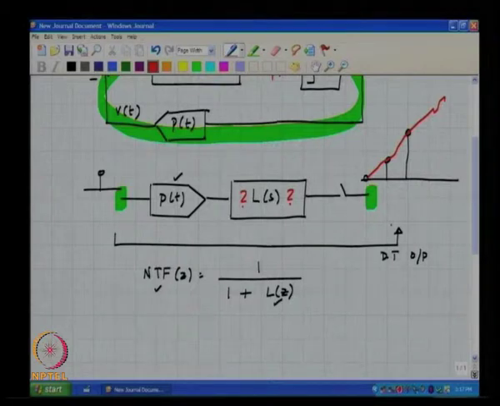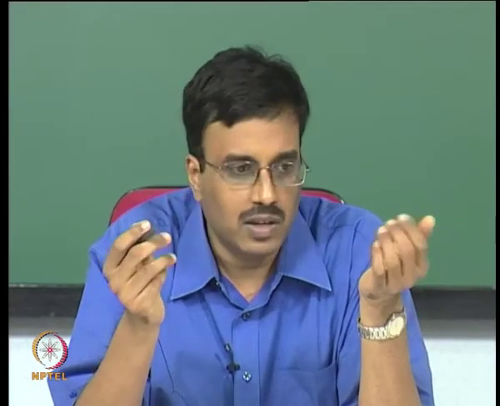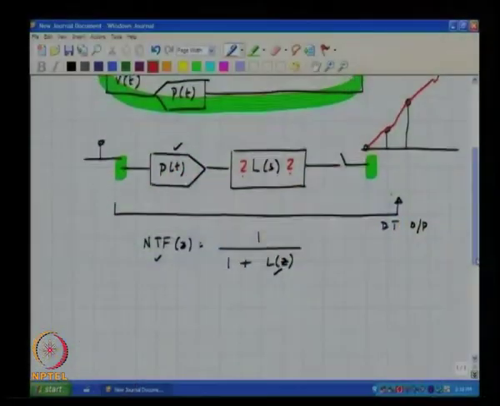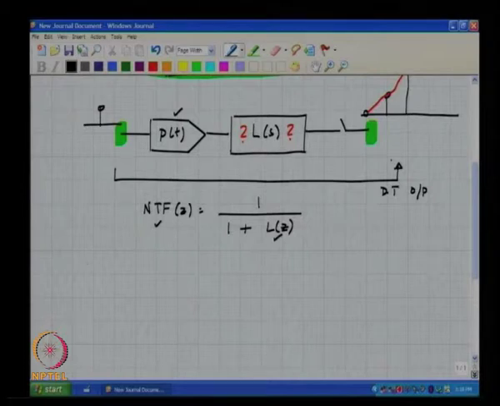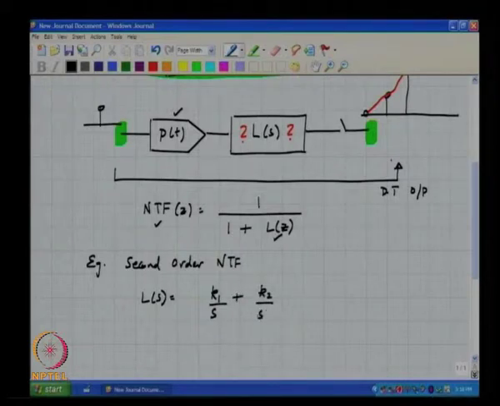For the second order example, we said we are going to use a cascade of 2 integrators, and in general if you have a cascade of 2 integrators, the loop filter transfer function is of the form K1 by S plus K2 by S square, and we know the pulse shape.